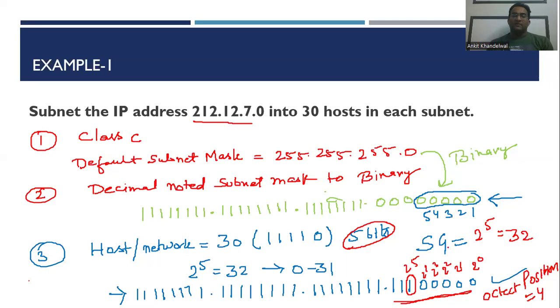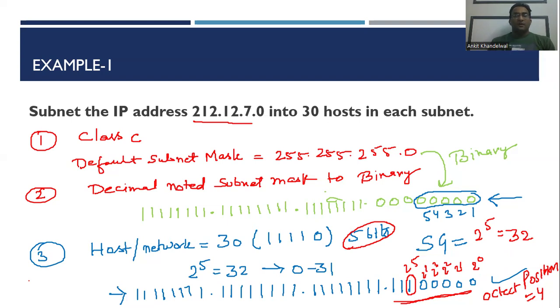After that, we found out the value of the subnet generator. How did we find it? We look at this particular octet position for the first one. The first one comes at position number 5. That's why the subnet generator value is 2 to the power 5, equal to 32. After that, we found out the octet position, which is equal to 4.